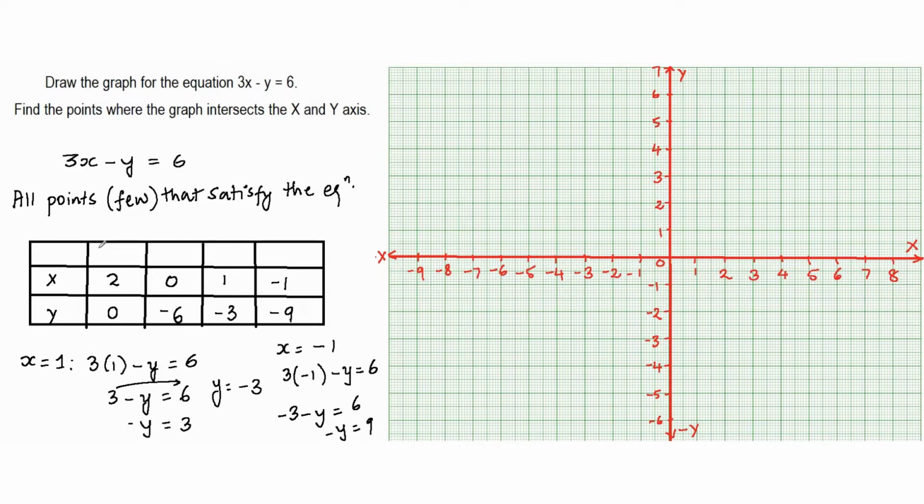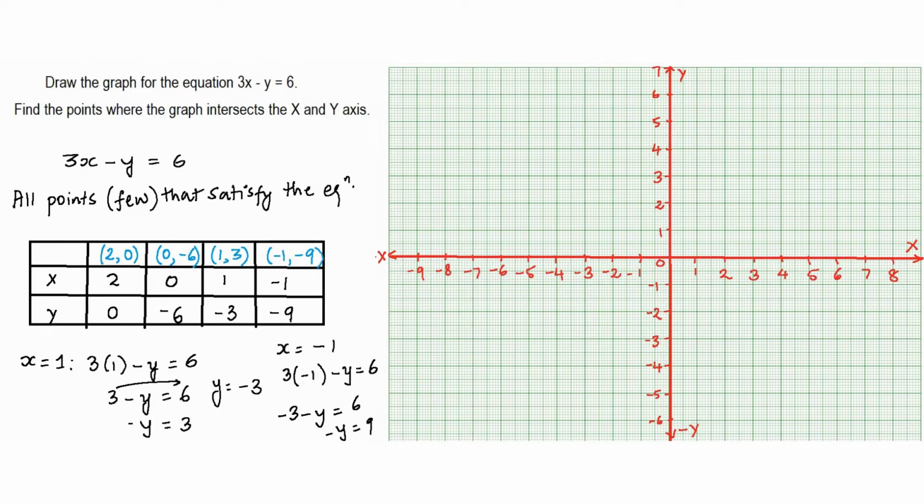So this particular point is 2, 0. If you remember, we always mention the x coordinate first and then the y coordinate. And this particular point is 0, minus 6. This particular point is 1, 3. And this particular point is minus 1, minus 9.